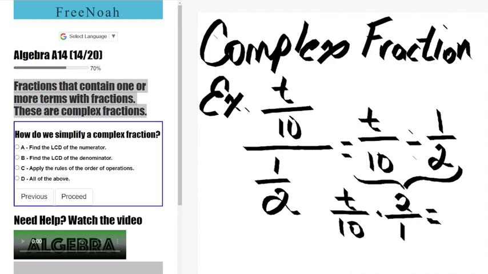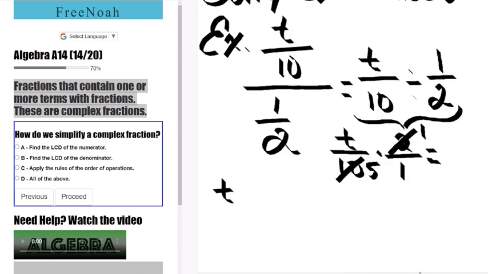Let's simplify a little bit here. We notice that 2 can go into 10 5 times. So scratch off the 2, replace it with a 1, and scratch off the 10, replace it with a 5. Rewriting the statement as t over 5 times 1 over 1.